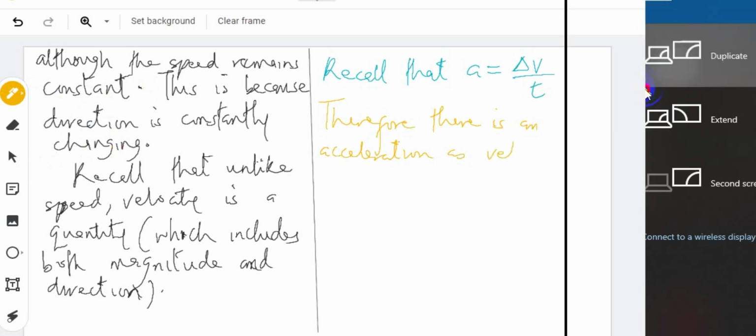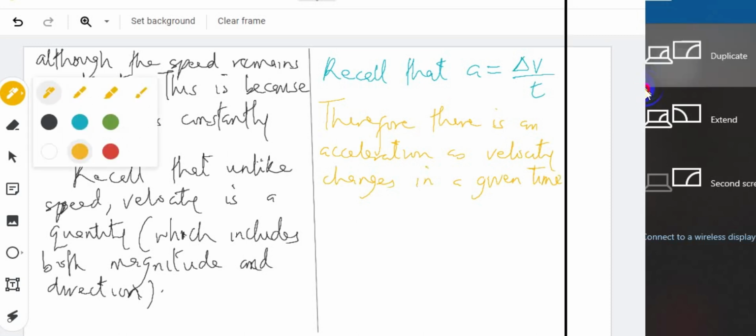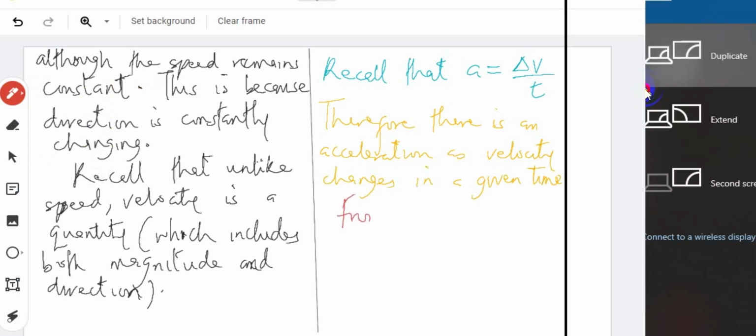As velocity changes in a given time, there's an acceleration. Now, from Newton's second law, the popular law we know, F equal to ma, if there's an acceleration, there must be a resultant force.